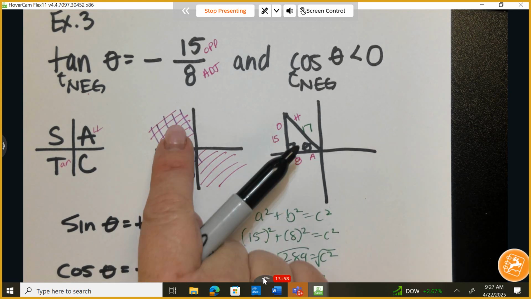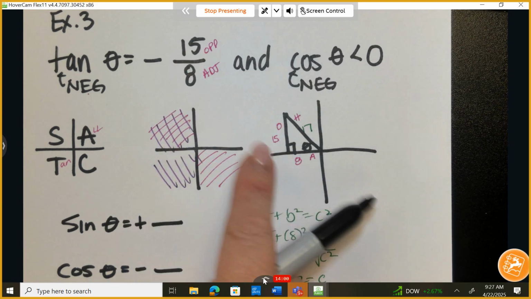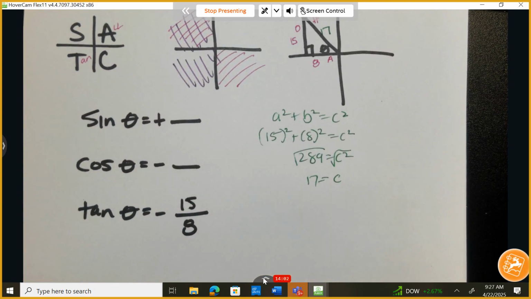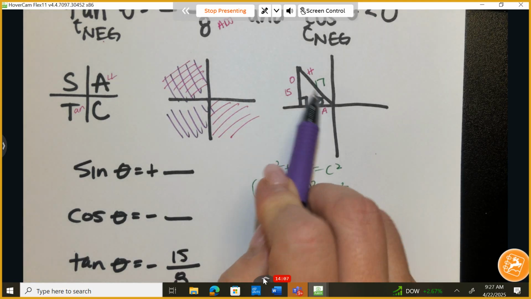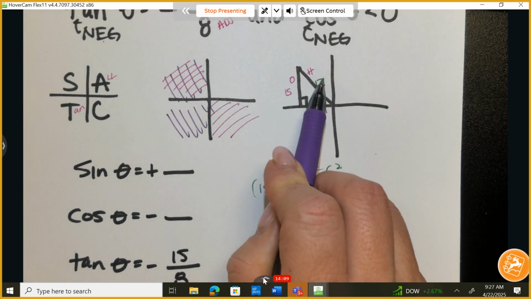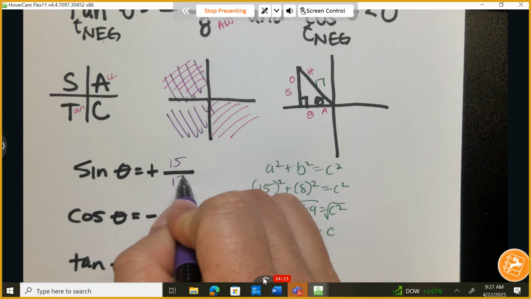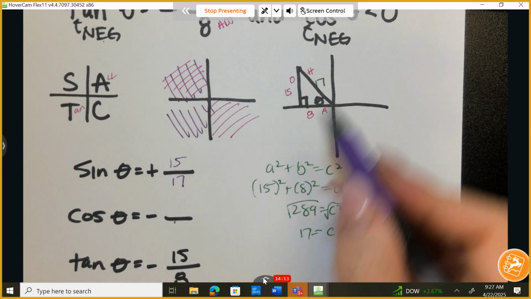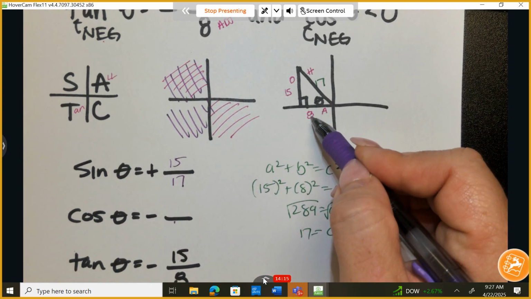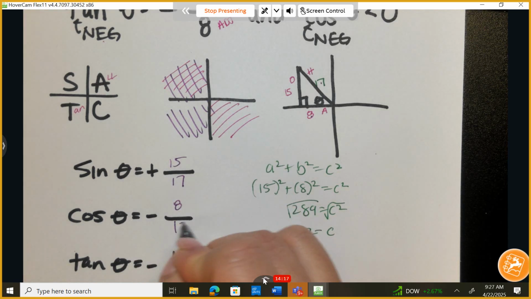That just tells us which quadrants to shade. Remember, these are lengths of a triangle, and lengths are always positive. All right, here we go. So sine of this, sine is opposite over hypotenuse, 15 over 17. Cosine is adjacent over hypotenuse, 8 over 17.